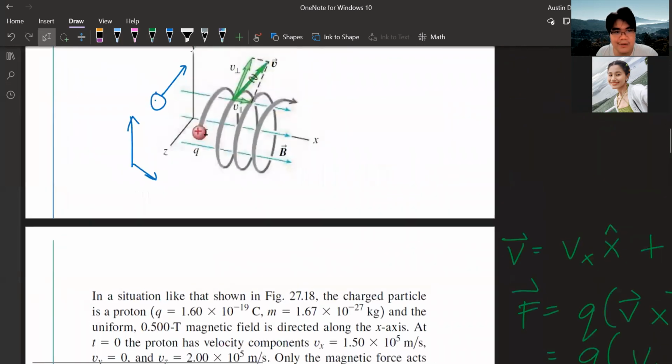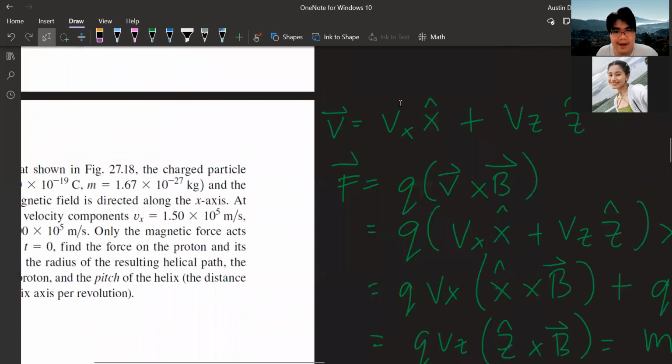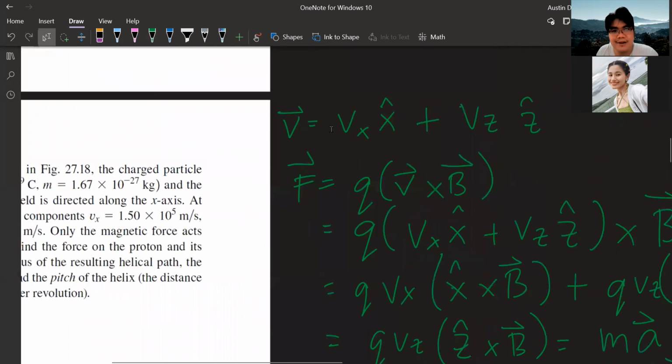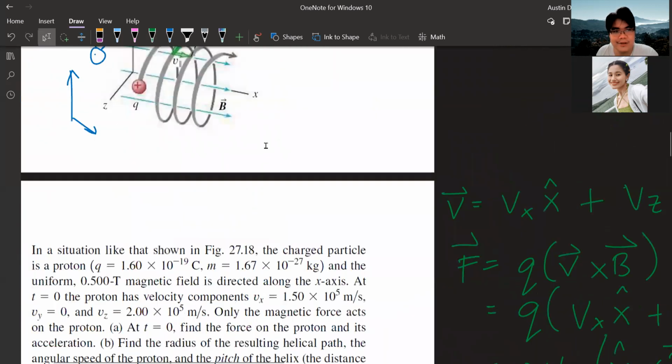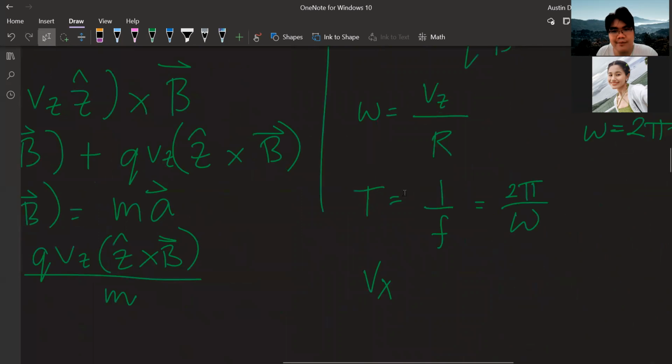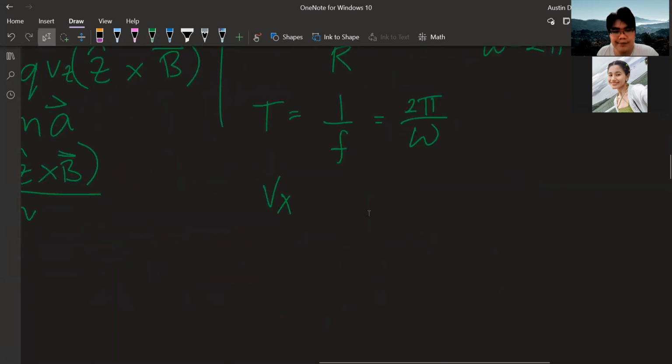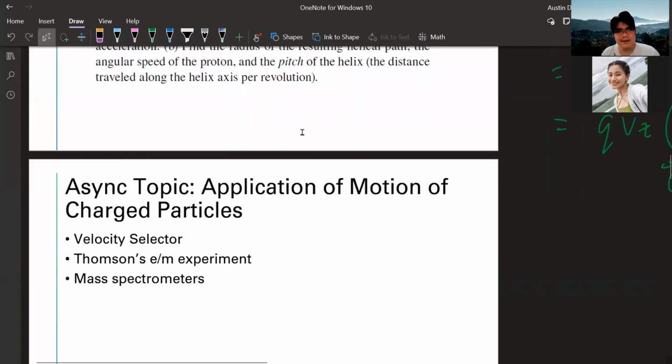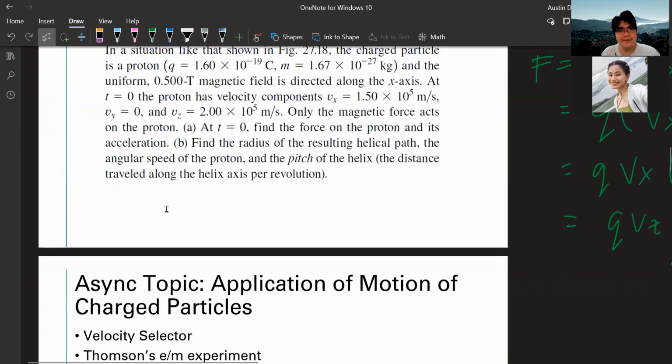Gumagalaw yung particle mo to the x direction by the amount of Vx only. And if one revolution takes this much amount of time, then the distance covered would be the velocity times time. So that's the pitch. Okay, so you just plug things in. Kaya niyo na yan.